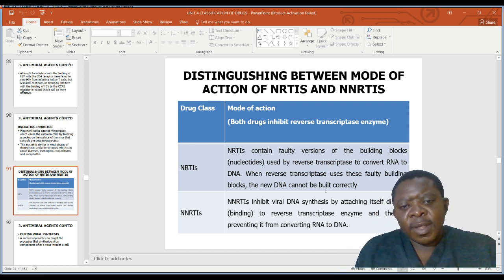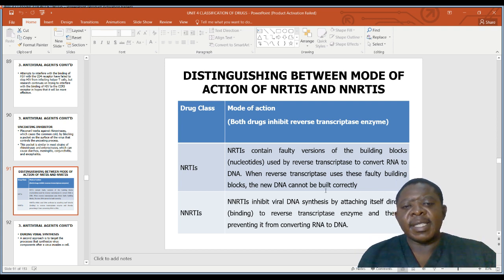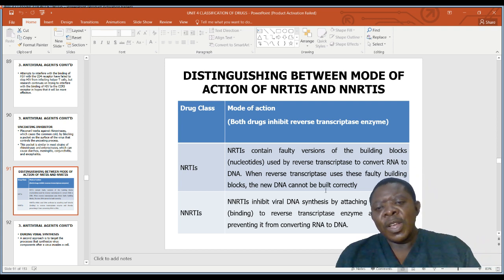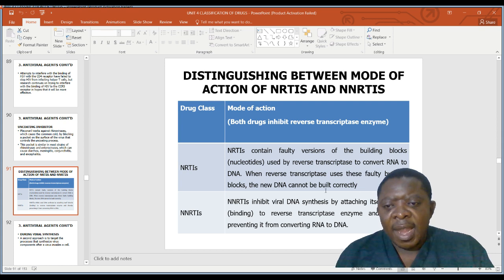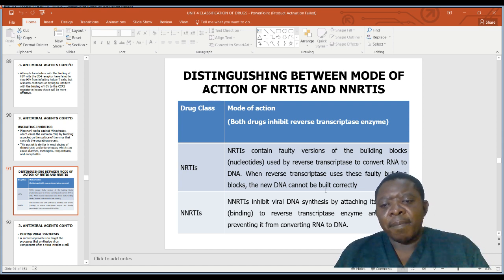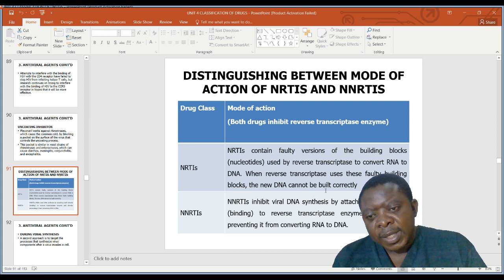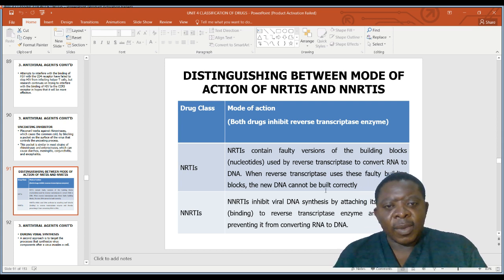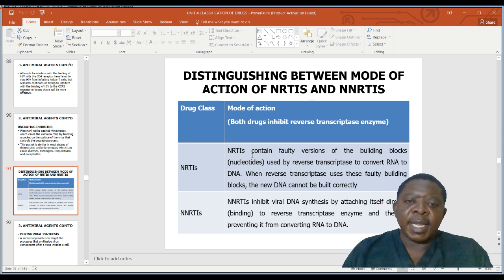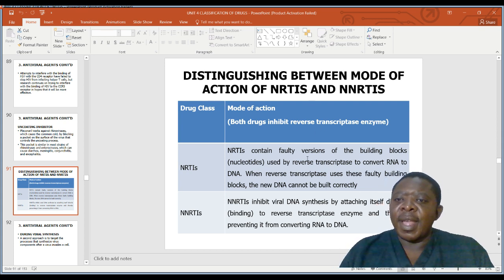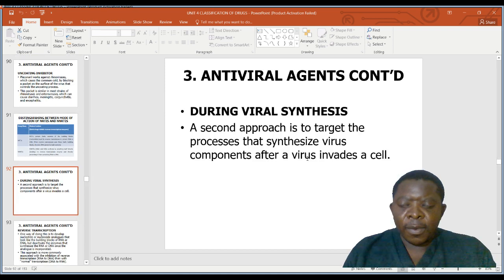So when you talk of non-nucleosides, these are false pseudo building blocks that attach directly to the reverse transcriptase, hence preventing the conversion of HIV RNA into DNA for the host. So that is what it does. When you talk of nucleoside reverse transcriptase inhibitors, they contain fake building blocks of nucleotides that, if the virus uses them, the virus fails to build itself.